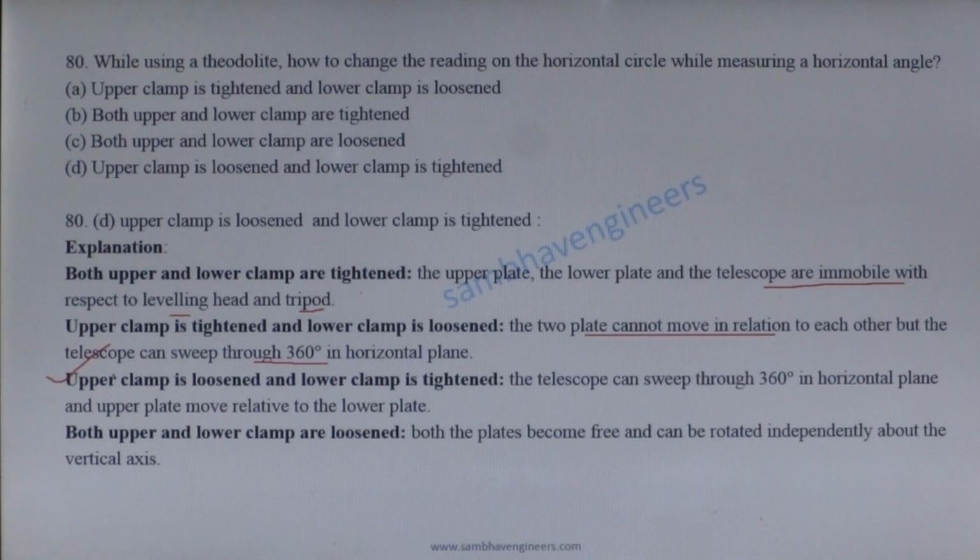If the upper clamp is loosened and lower clamp is tightened, the telescope can sweep 360 degrees in the horizontal plane and the upper plate moves relative to the lower plate. So the measuring of the horizontal angle can be done in this condition. The correct answer is option D.